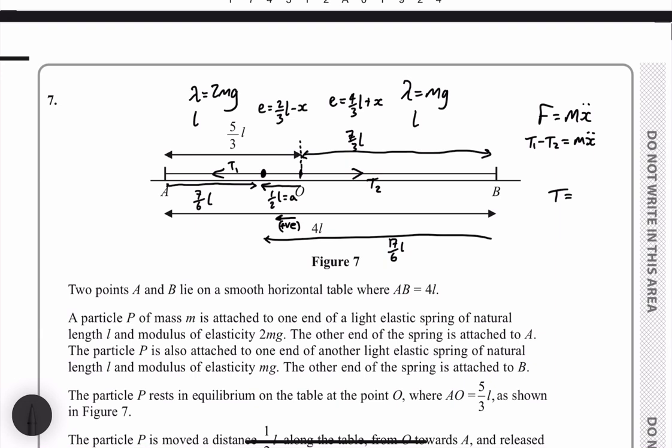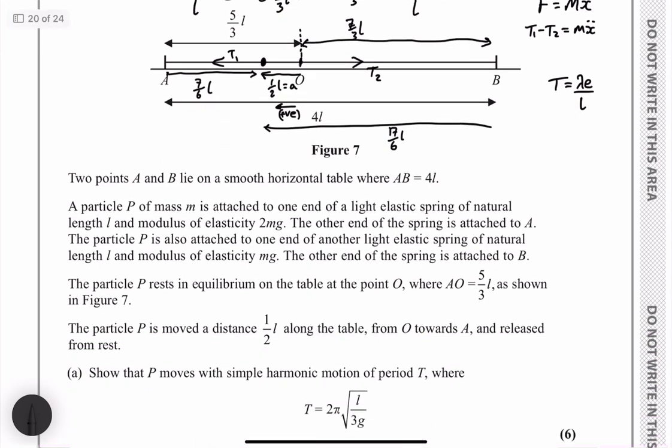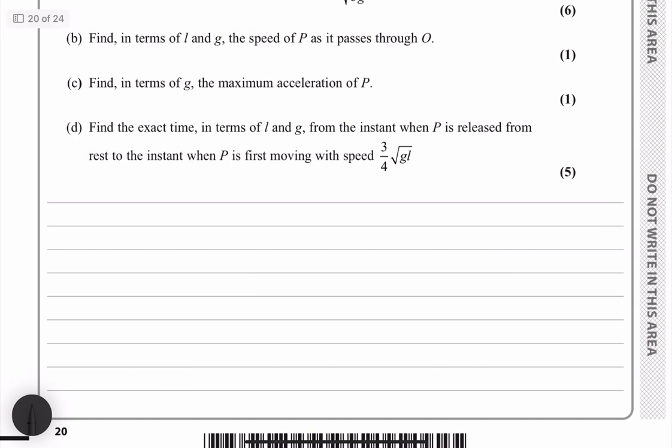Also remembering that tension is lambda x over L, but again, so as not to get confused with the x that I've used for displacement, I'll keep that E as my extension, like so. That's a lot of information on the diagram. Let me get writing some of this down here.